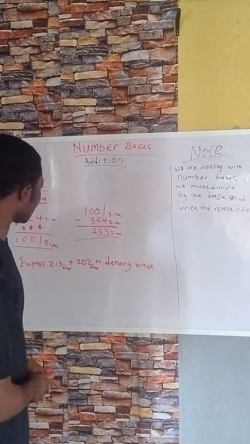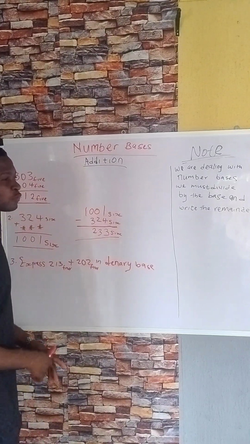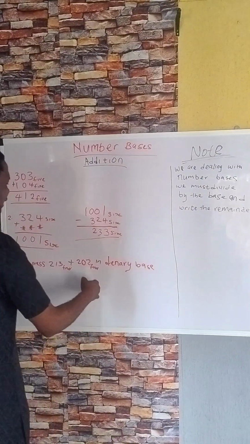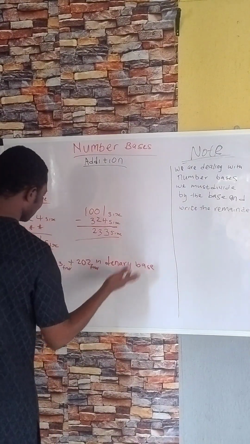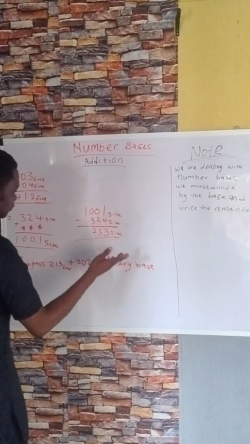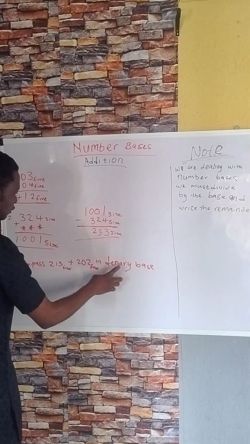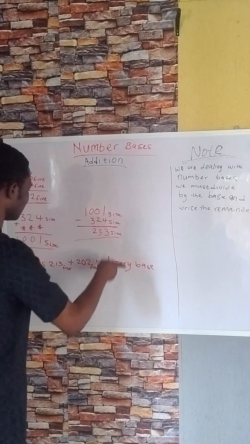So if you have watched that video, you will know that denary base means base 10. You have to take note of those names because it can come out in whatsoever way, either base 10 or denary base, or octa base, which is base 8, or binary base, which is base 2. You can see it in that way. So if you know that, you know that this is base 10. So it says express this answer in base 10.